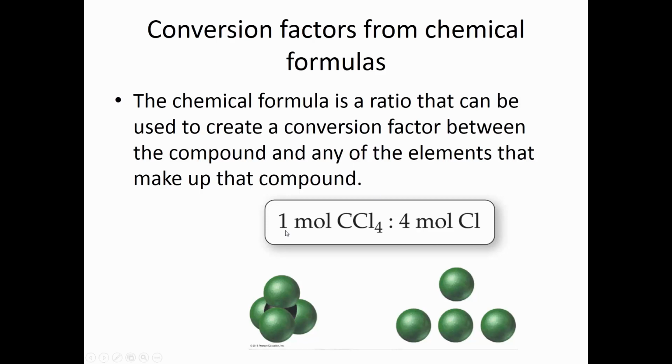So we can have conversion factors for moles over here for CCl4. We can have conversion factors for moles of Cl over here, and then we're relating the two by this particular equality. I'm not going to go through a specific example of using this, but you will see some on your worksheet. Feel free to ask questions about that on the discussion board if you're not sure how to do it.